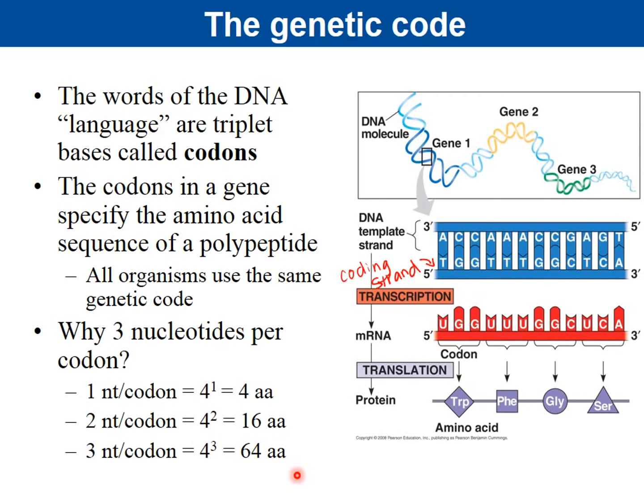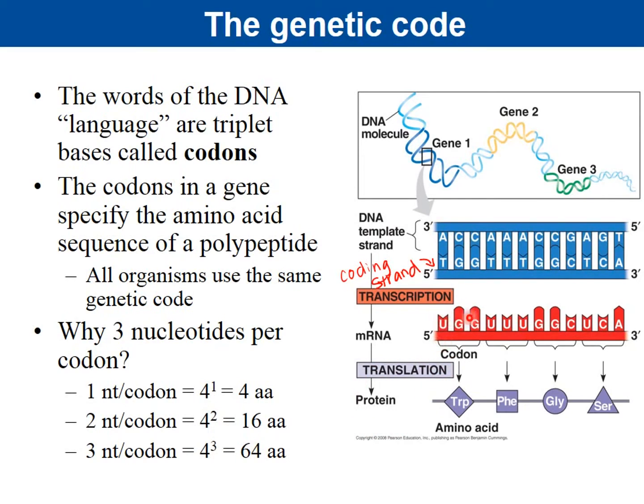In a minute, we'll talk about why there are 64 possible codons but only 20 amino acids. What you should look at now is that these codons, these groups of 3 nucleotides, are going to code for a particular amino acid. That's translation. We're going to go from mRNA language and translate into amino acid language.